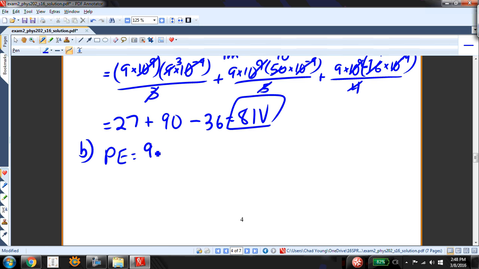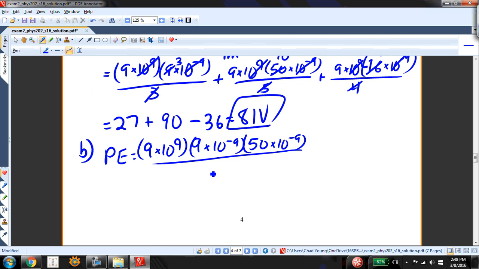It's going to be 9 times 10 to the ninth, so our Coulomb's constant, times Q1, which is 9 times 10 to the minus 9, times Q2, which is 50 times 10 to the minus 9, divided by r, which is 4 meters. And then I find this value, and I add it up also, k Q2 Q3 over r.